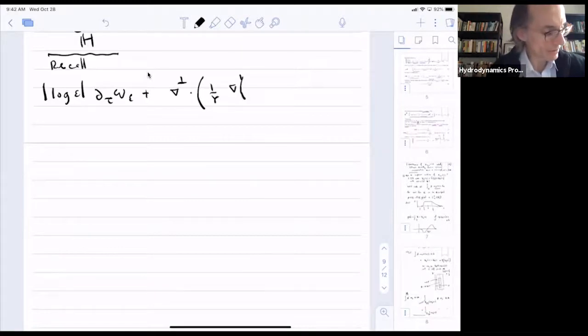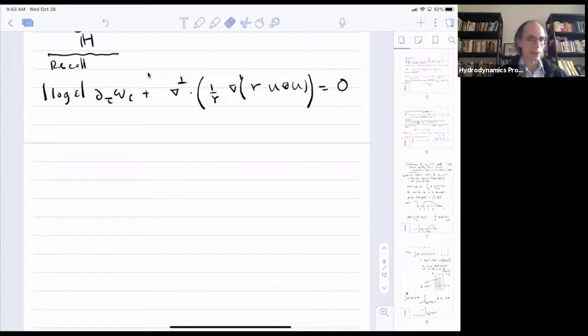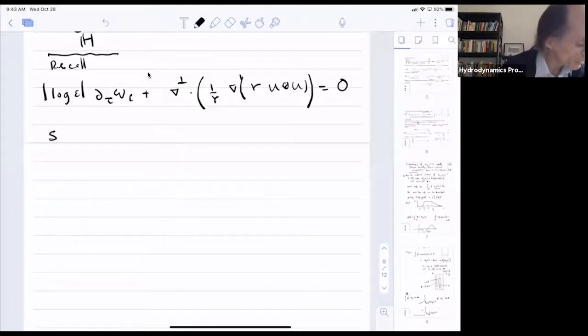Okay, that's the equation. And so let's multiply by, that's one way of writing the equation. So let's keep this out here for now.